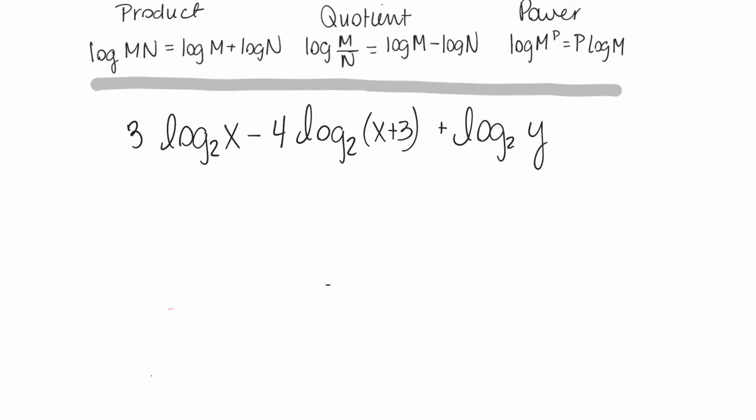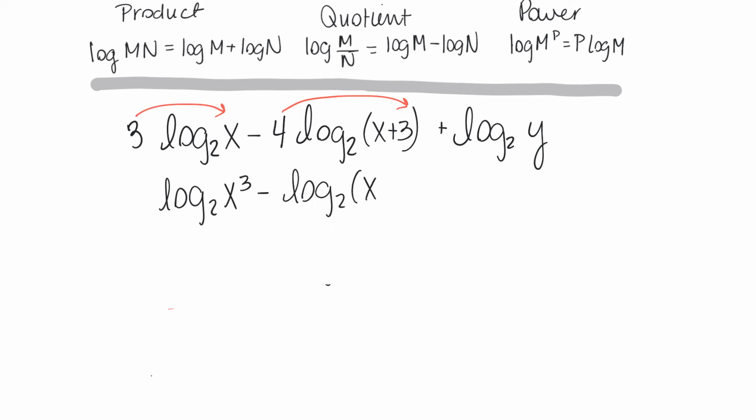Okay, so we're going to start with power law, and we're going to move all of these numbers in front to become exponents. So that's going to give me log base 2 of x cubed minus a log base 2 of x plus 3 to the 4th plus a log base 2 of y.